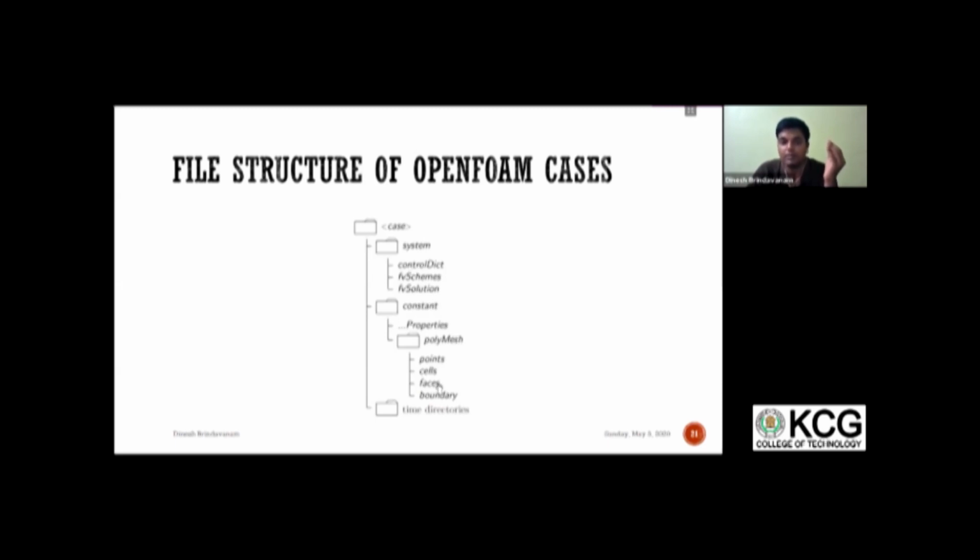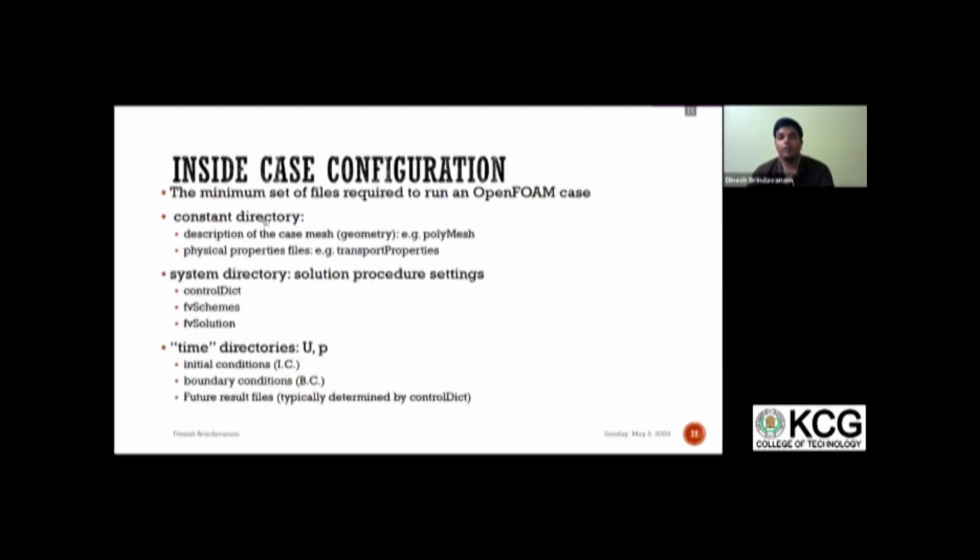What is this file system? You need to solve some problem, so we need to understand how this process is going to be carried out. Basically, the entire process is going to be done within 3 folders only, which you will be seeing regularly. One is the time directory called 0, then there is constant, and then there is system.